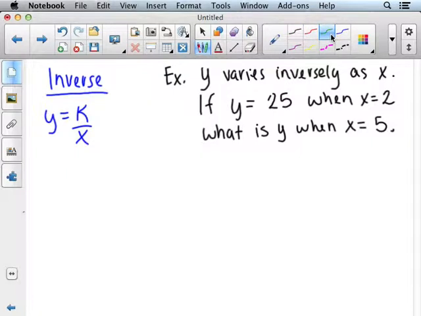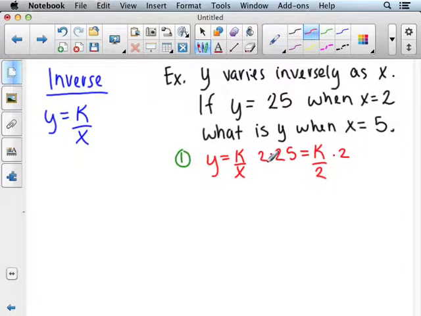So I'm going to solve this in both ways. First, I'm going to find my k, and then I'm going to replug in. So we've got y equals k over x. My y is 25, so I'm going to say 25 equals k divided by 2. If y equals 25 when x equals 2, I'm going to solve.